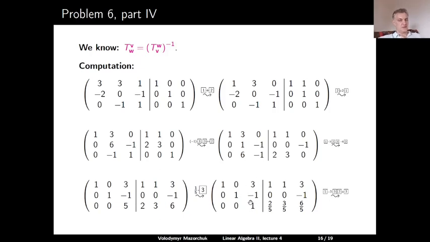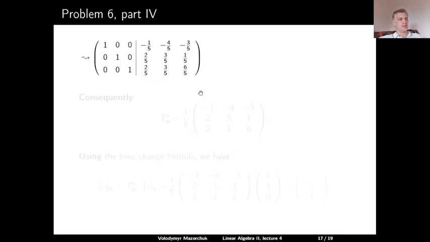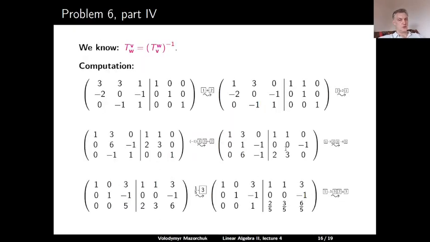So we add row 3 to row 2, and we multiply row 3 with minus 3 and add to row 1. So row 3 remains the same, and row 1 becomes 1 minus 0 is 0, 0 minus 0 is 0, 3 minus 3 is 0, 1 minus 6 divided by 5, minus 1 divided by 5, 1 minus 9 divided by 5, it's minus 4 divided by 5, and then 3 minus 18 divided by 5.